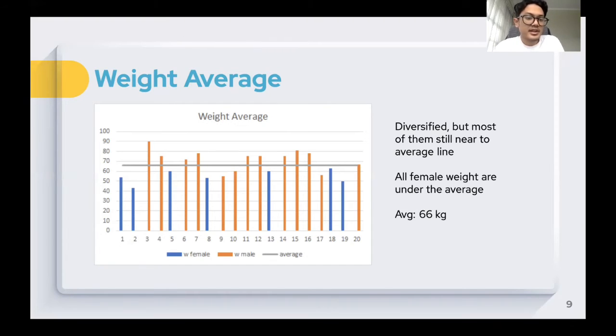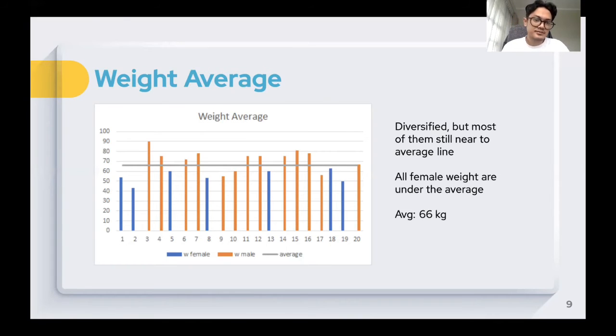For example, data number two is the lowest, with only, if I remember correctly, 41 or 42 kilograms. And there are also data well above the average line, for example number three, almost reaching 90. A more interesting fact is that all the female data are under the weight average, which is 66 kilograms.